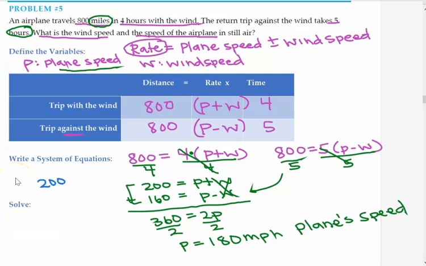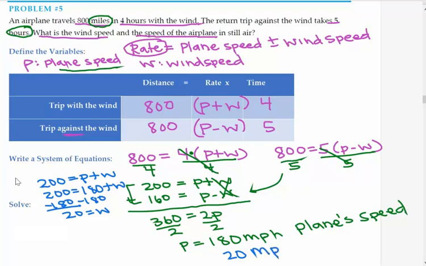So 200 equals P plus W. So I'm going to put 180 in place of my P. And then I just need to subtract that 180 over. So I get 20 equals W. So 20 what? Miles per hour again, and that is going to be the wind speed.